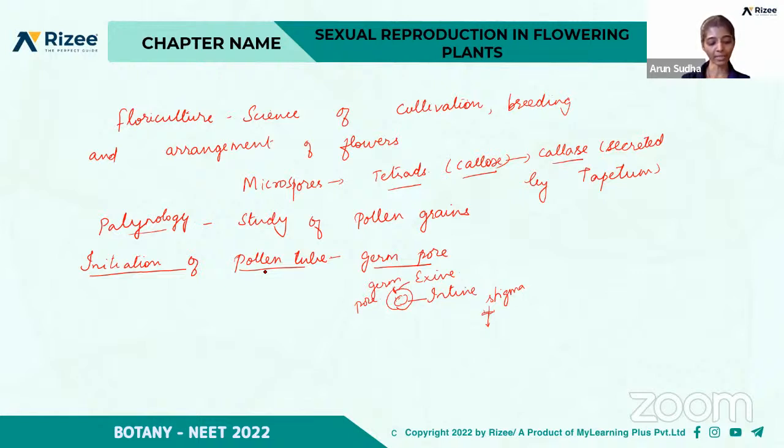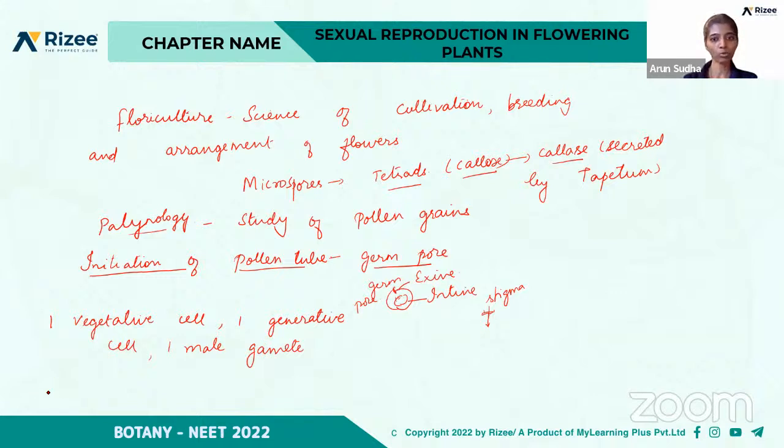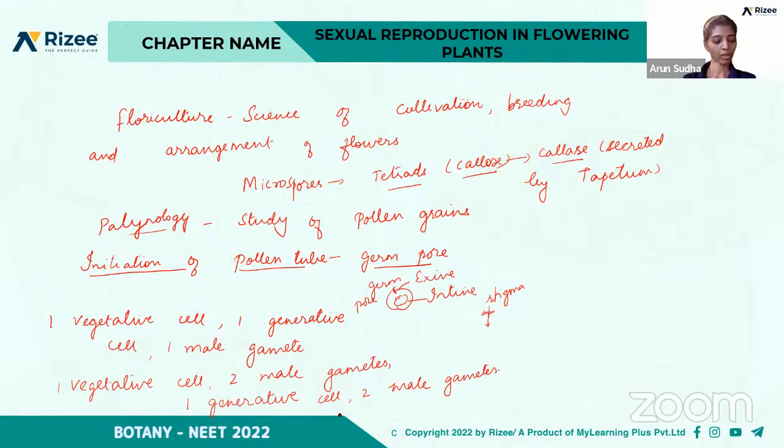The options are: one vegetative cell, one generative cell, and one male gamete; or one vegetative cell and two male gametes; or one generative cell and two male gametes; or either A or C.